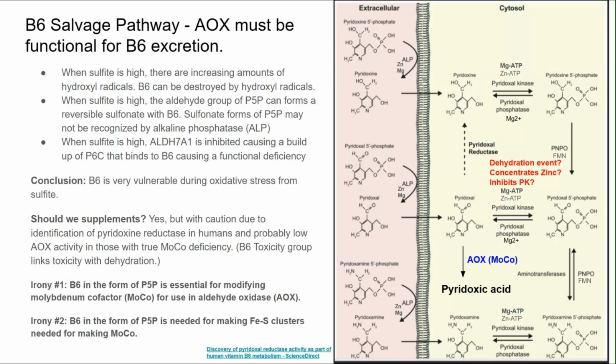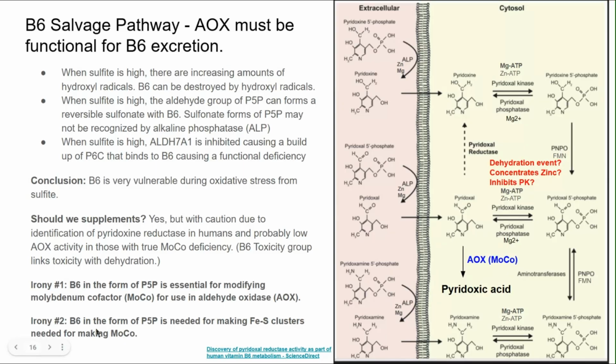So again, there's a couple ironies going on. B6, in the form of P5P, is also essential for modifying the molybdenum cofactor to be used for aldehyde oxidase. So if you don't get in enough B6, then you won't be able to metabolize away accumulated pyridoxal forms of B6.